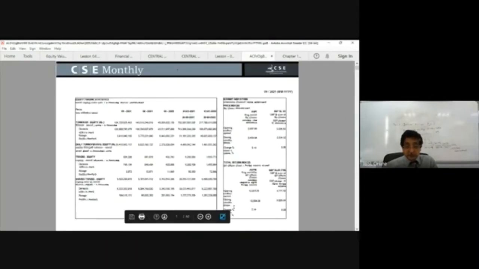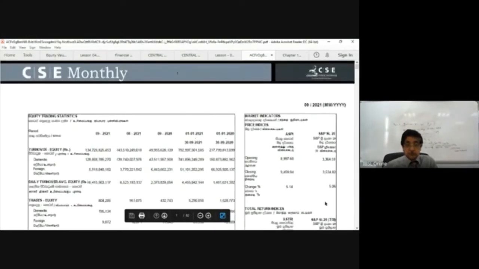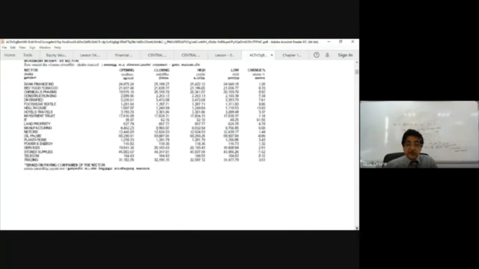Now I will go to the Colombo Stock Exchange monthly application. Now look at it. I want to show you something regarding the dividend declarations.